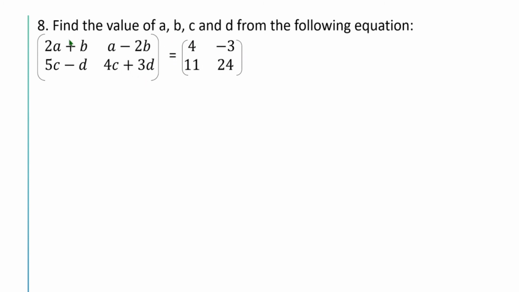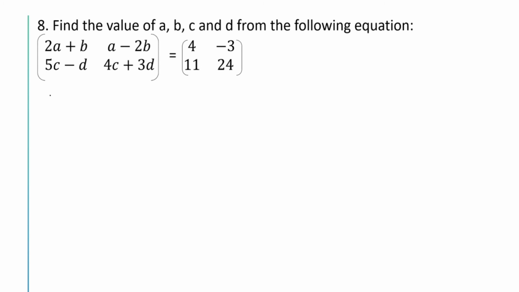If we compare the elements in the first row, we will be able to solve the equation and find the value of a and b. If we compare the elements in the second row, then we will be able to solve for c and d. From that we can get the value of a, b, c and d.